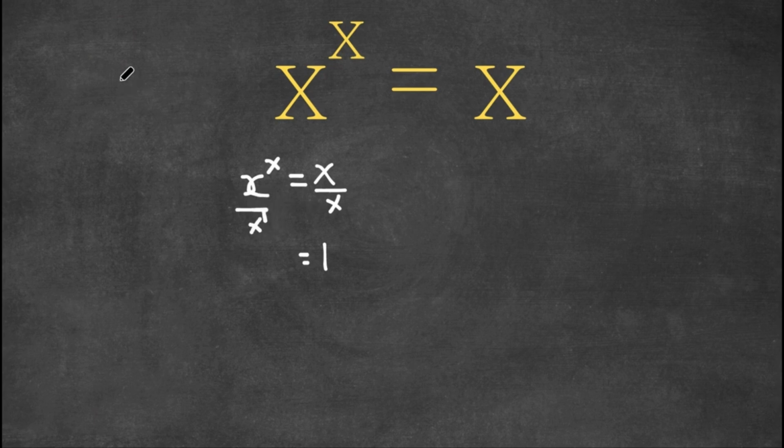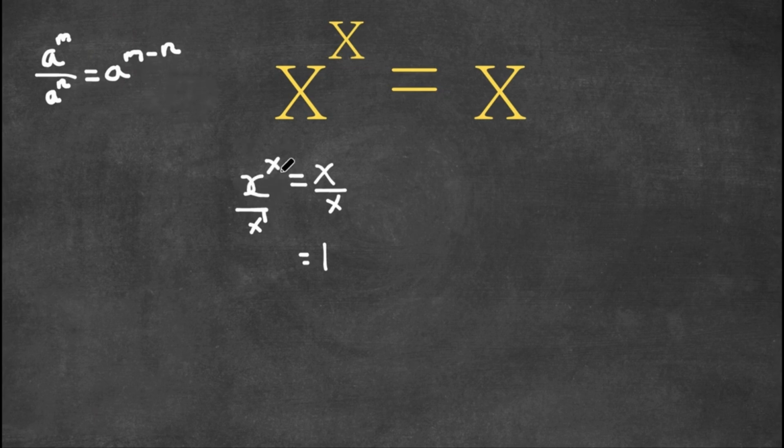And if you recall an important property of exponents, it states that a to the power of m over a to the power of n is equal to a to the power of m minus n. So this is the formula for dividing exponents.